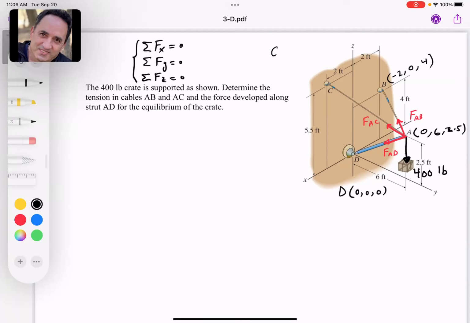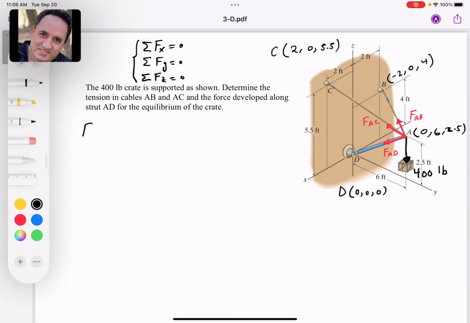And then point C, I'll put it here for you. Looks like we are at 2 in the X, again, nothing in the Y, and 5.5 in the Z.